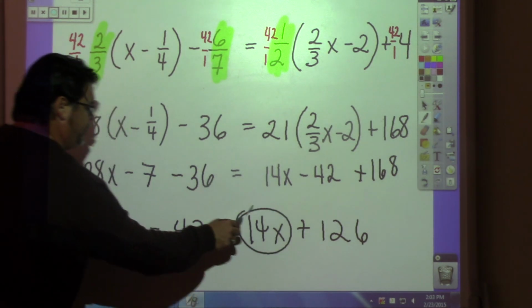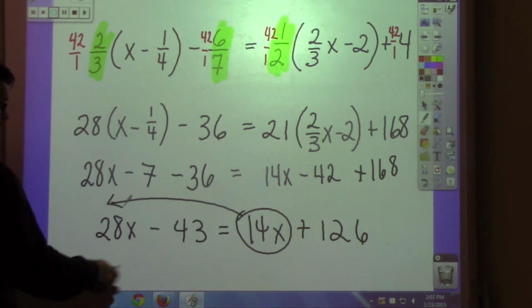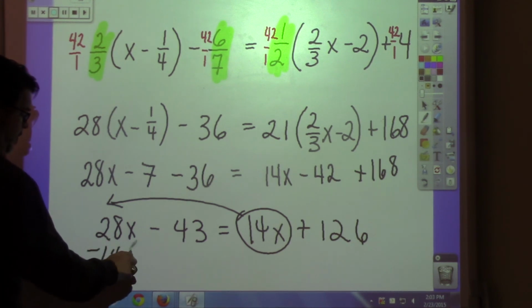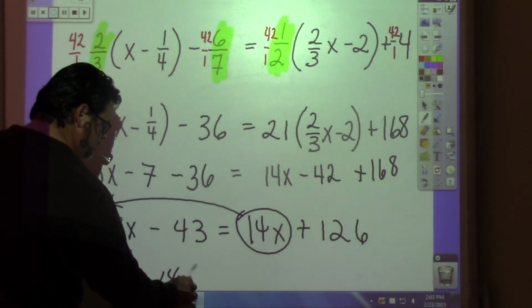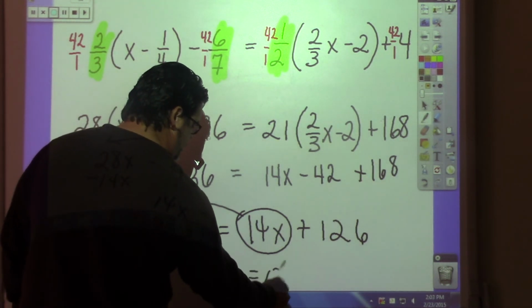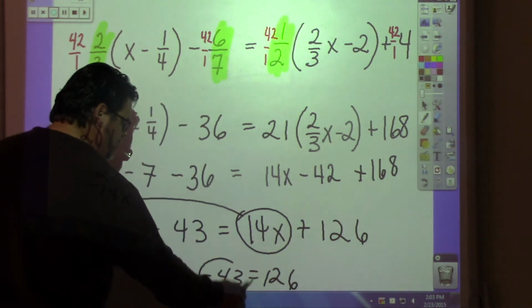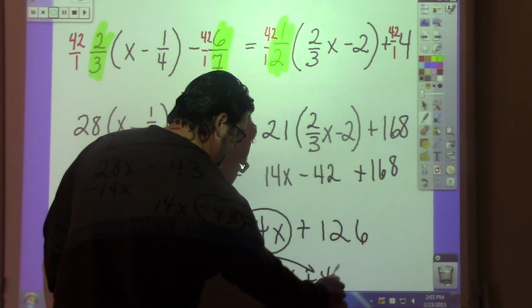So the 14 is going to come across because we focus on the x. So minus 14. That gives you 14x minus 42 is equal to 126. The 42 comes over, plus 42.